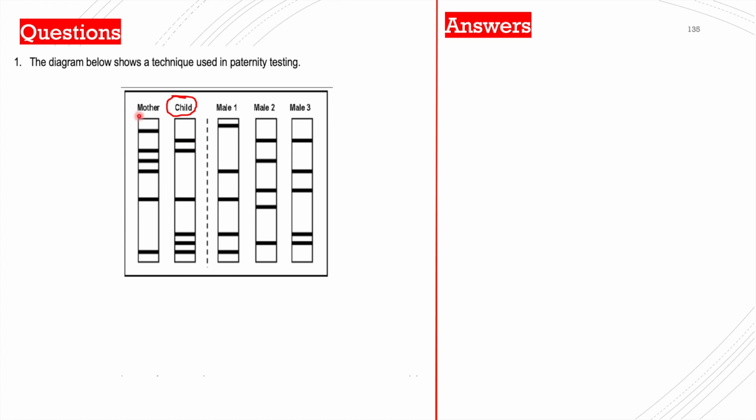Remember we said that the DNA profile of the mother is also included in this investigation. Why? Like we said, 50% of the child's black bars must match 50% of the mother's black bars, in order to make sure that it is this mother's child that is being tested and not tricking the system.